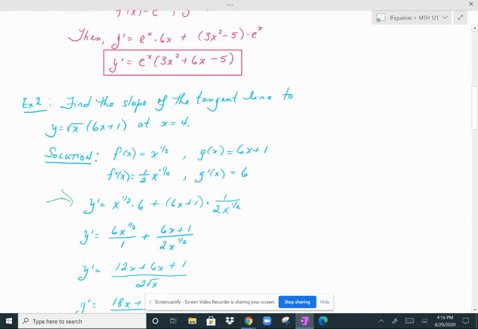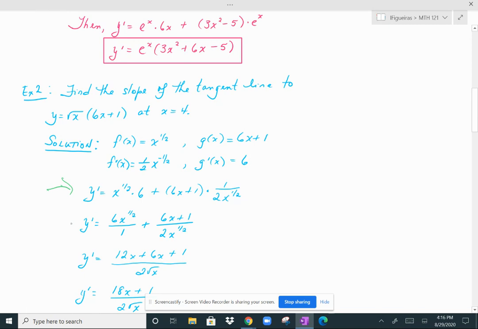And then I just wrote it a little bit differently. I put the 6 in front, so this is 6x to the 1/2. And I combined these as a single fraction. So I have 6x plus 1 over 2x to the 1/2. So you can see that I have the sum of two expressions with different denominators, so I got a common denominator.